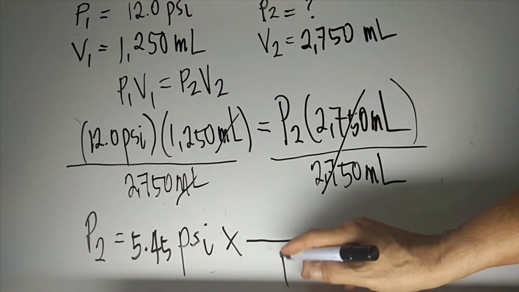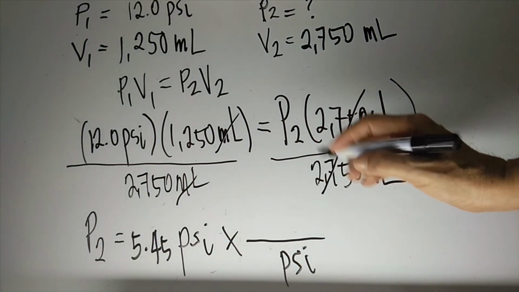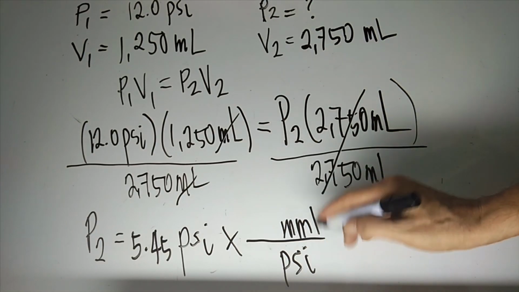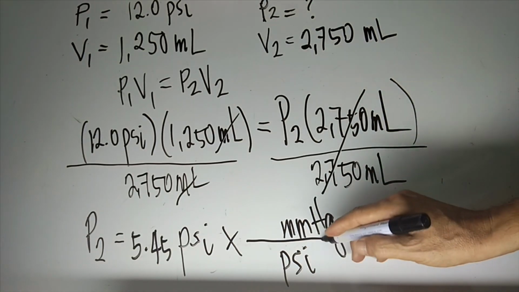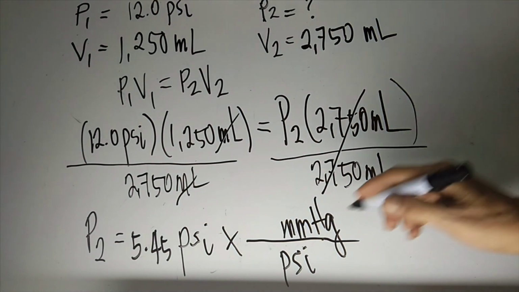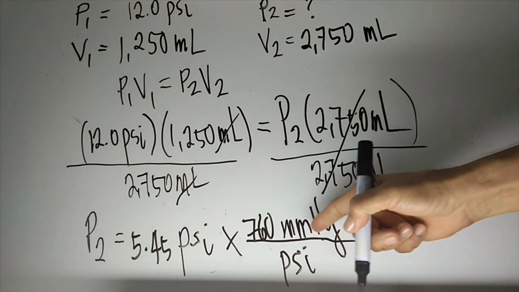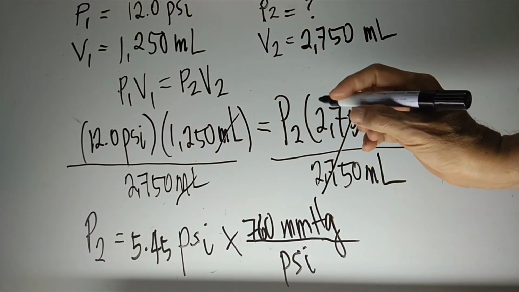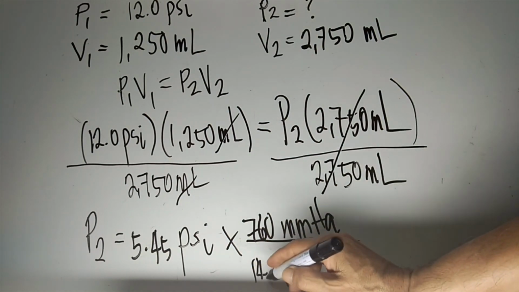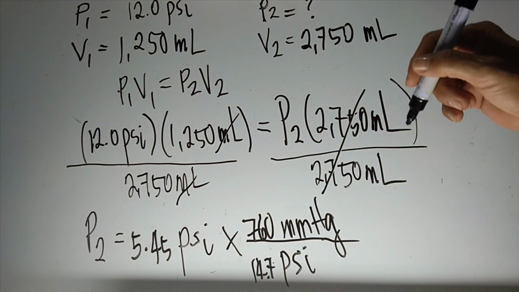So at the bottom will be pounds per square inch, and on top will be millimeter of mercury, the relationship of which is 760 millimeter of mercury is equivalent to 14.7 pounds per square inch.